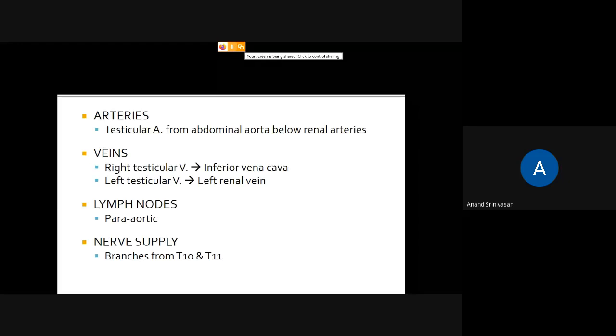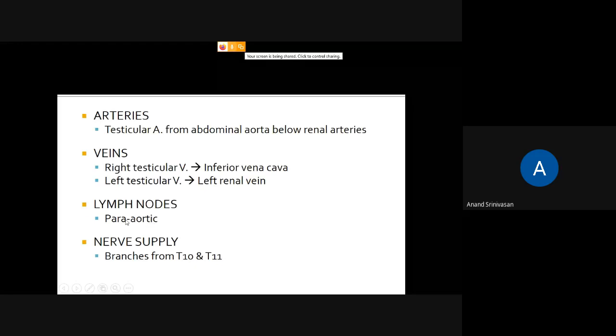If there is a cancer situated in the testis, you cannot remove only the testis, because the cancer cells could have spread through the lymphatics to other parts. So you need to look for the lymph nodes which drain the testis, which are the para-aortic lymph nodes. Para means parallel to the aorta.